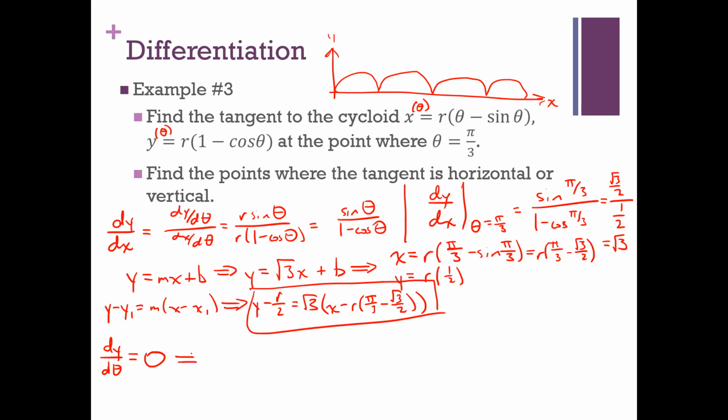So what is dy d theta? R sine theta. Where is that going to happen? It's going to happen in an infinite number of places, but can I generalize where that's going to happen?